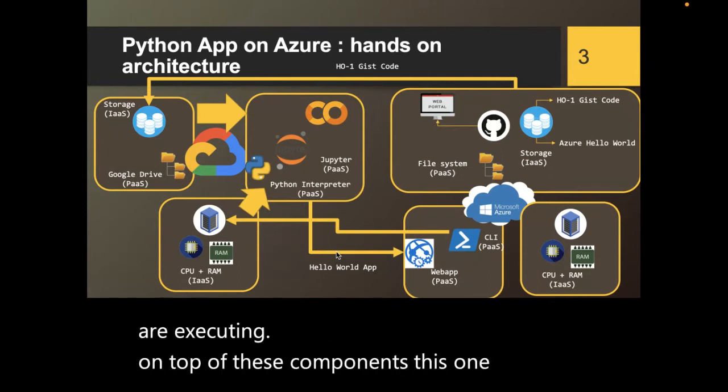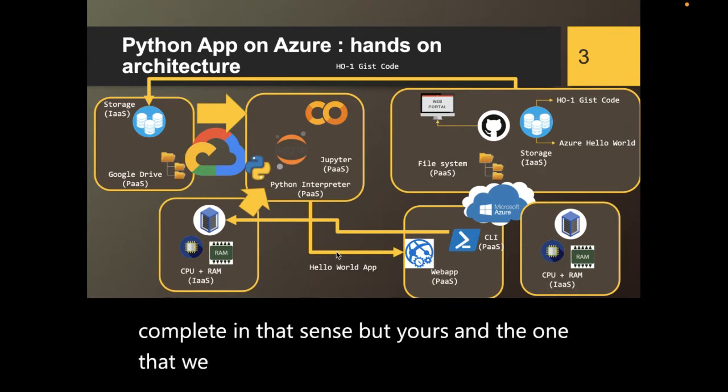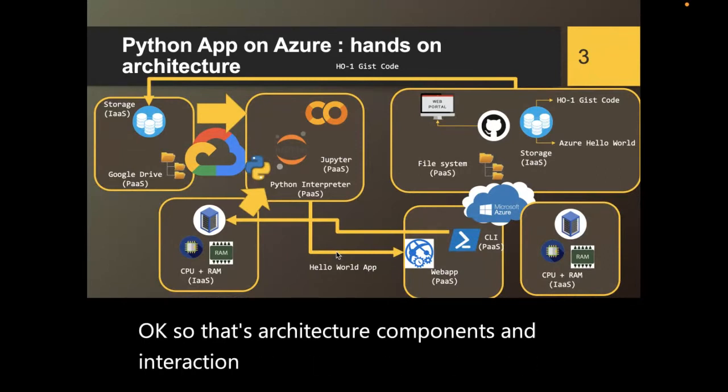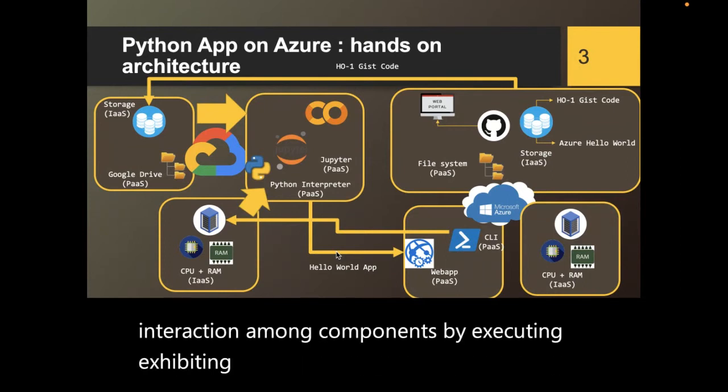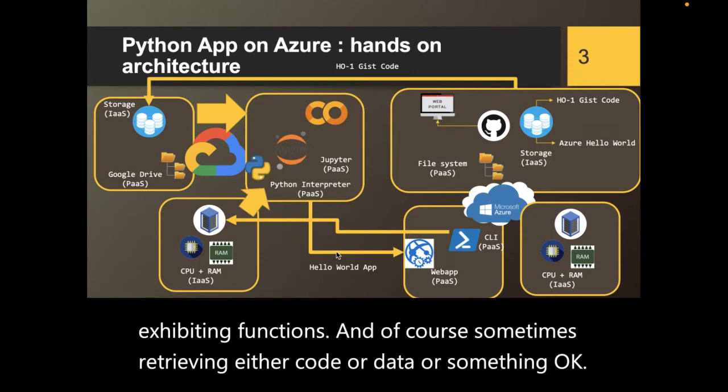This one is not complete in that sense, but yours and the one that we worked on together last time were complete. So that's architecture: components and interaction among components by exhibiting functions, and of course sometimes retrieving either code or data or something. Okay, so questions until here?